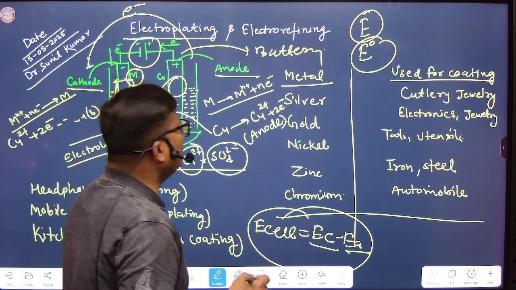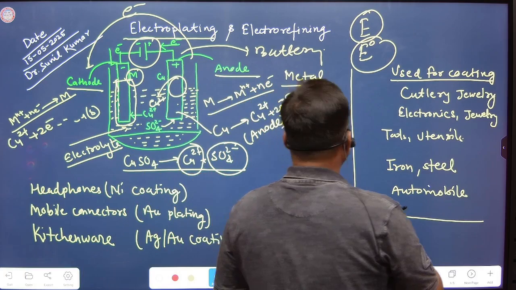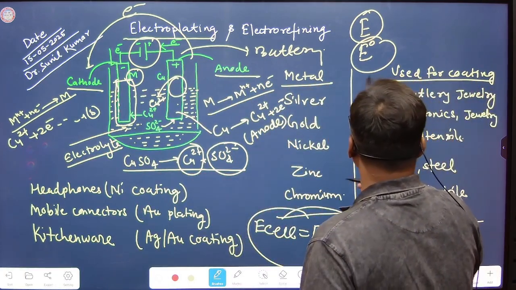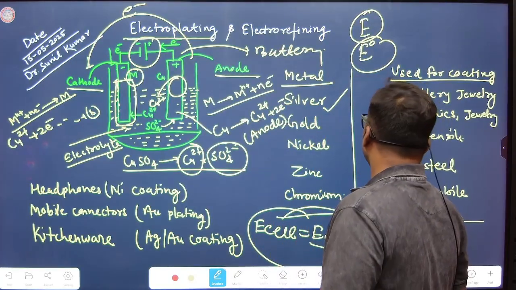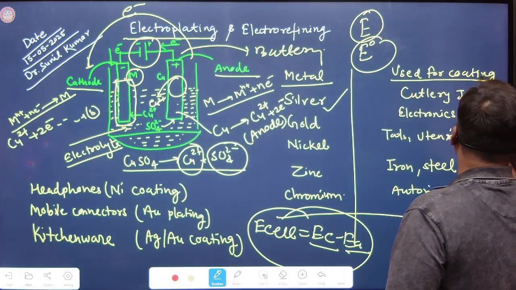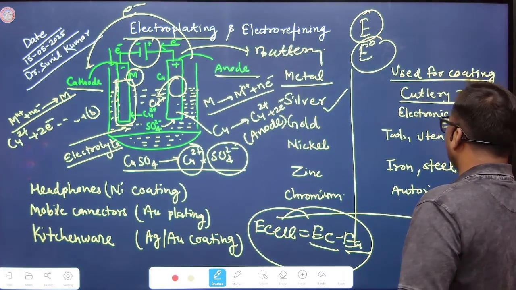Now, electroplating, suppose we just want to coat silver. It is used for coating cutlery and jewelry.